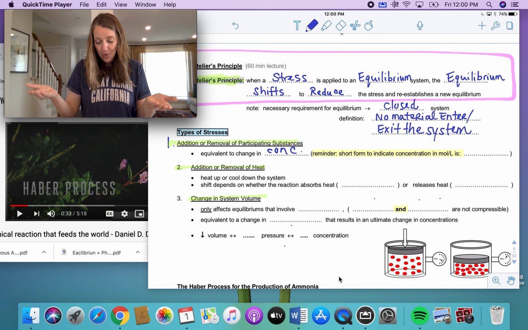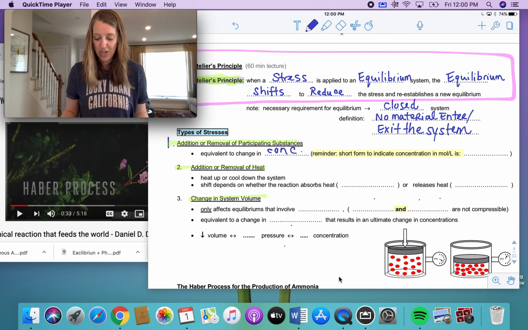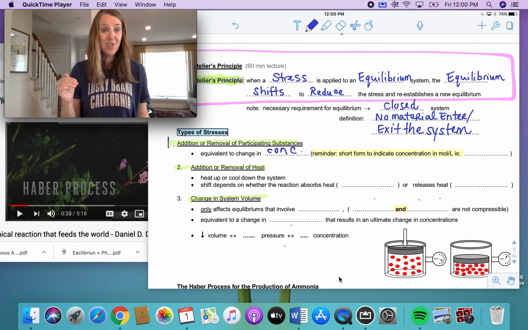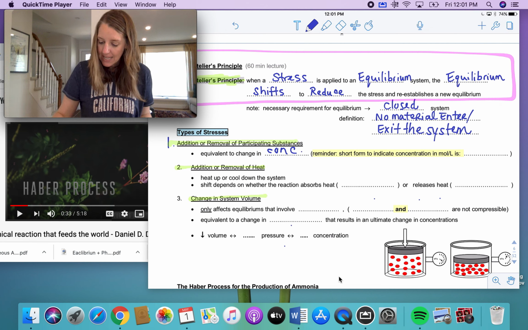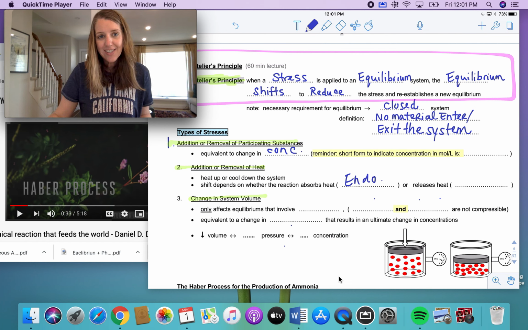Okay, so again, one stress could be changing the concentration, increase the concentration or decrease the concentration. Second stress could be adding or removing heat. It's going to be really important to recognize, is this a system that is absorbing heat? So is it an endothermic reaction, or is it a system that's releasing heat? Is it an exothermic reaction?